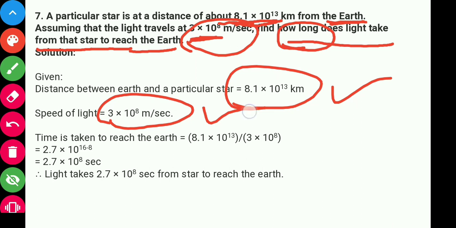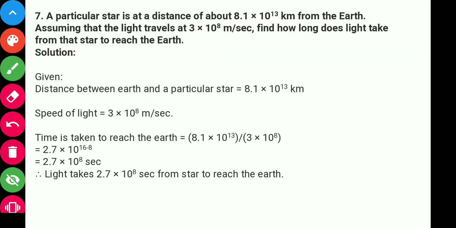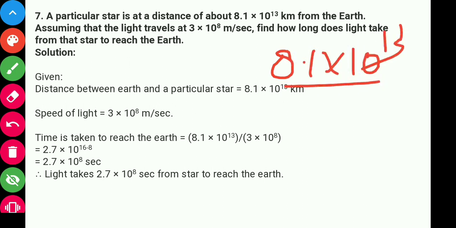So the time taken to reach the Earth is distance upon speed. Okay, so here 8.1 into 10 to the power 13 upon 3 into 10 to the power 8.